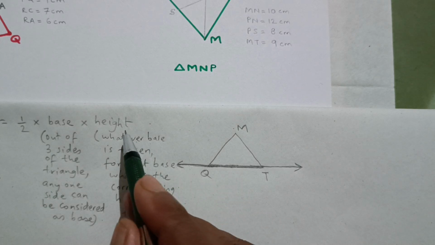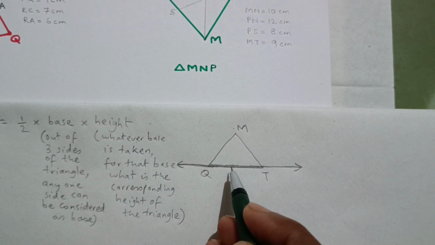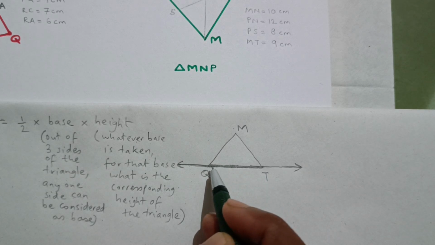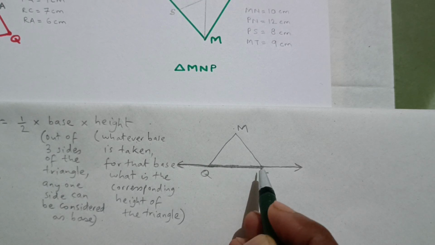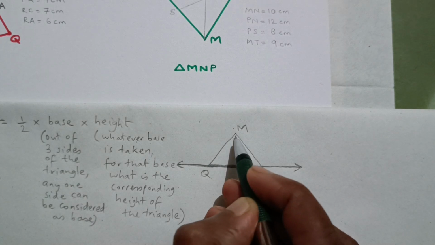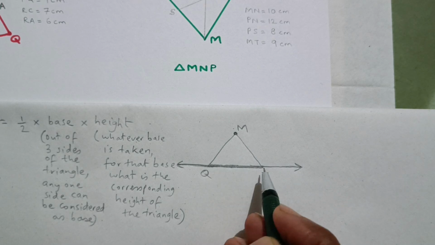So in order to find the corresponding height for this base, we have to look at its opposite vertex. For QT, the opposite vertex is M.